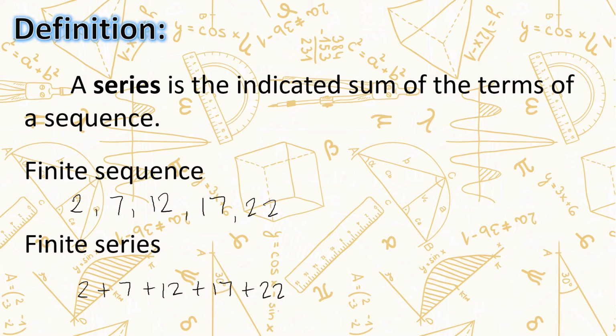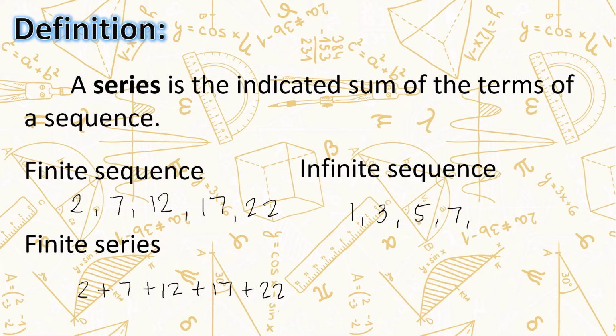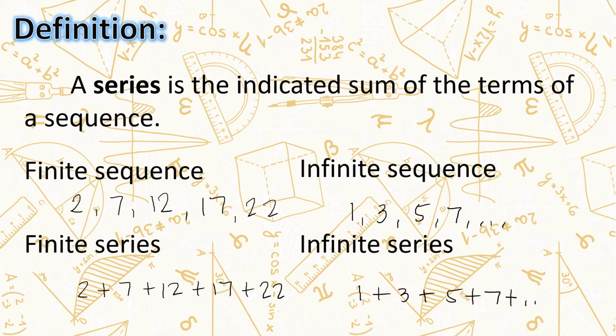And for the infinite sequence, that is the sequence of positive odd integers, we have 1, 3, 5, 7, and so on. The indicated sum is given by 1 plus 3 plus 5 plus 7 plus and so on.